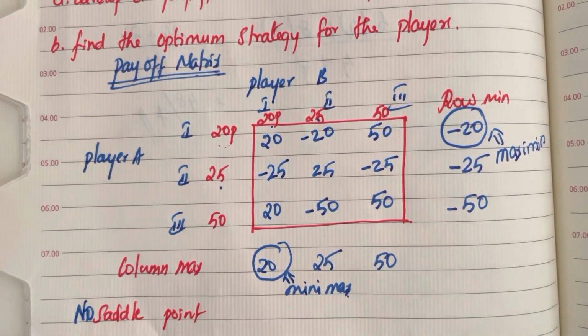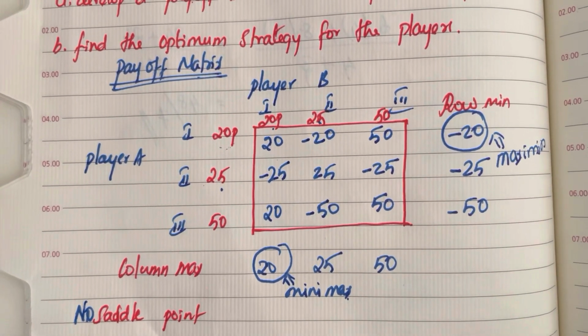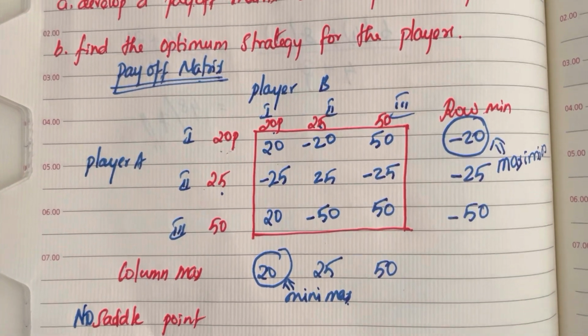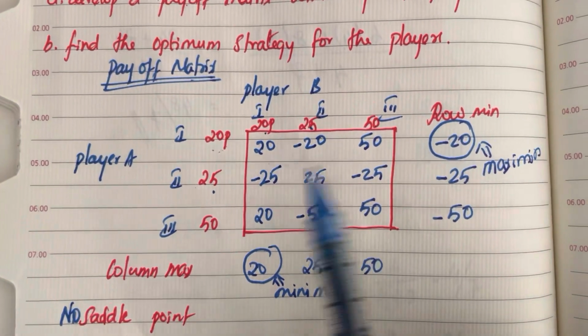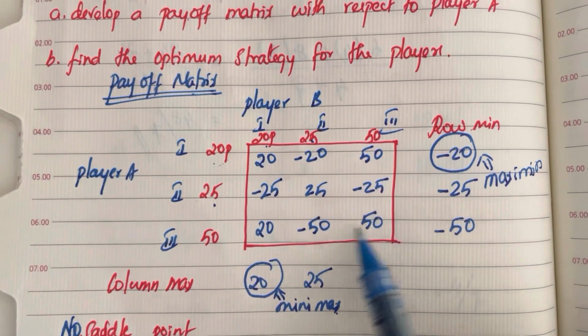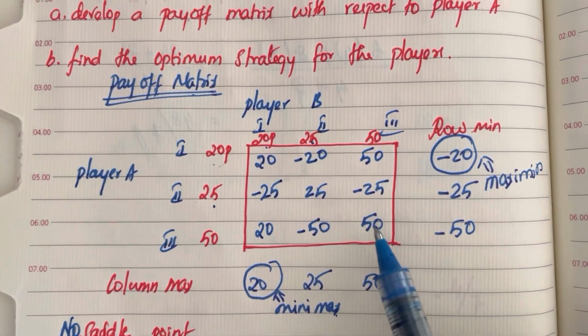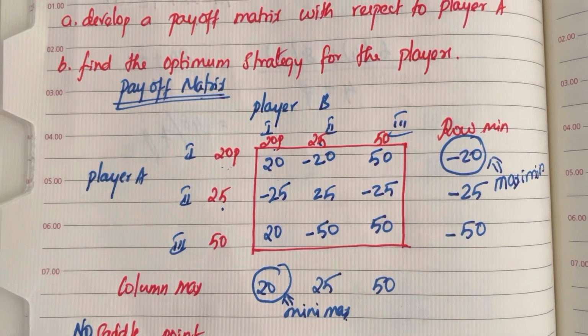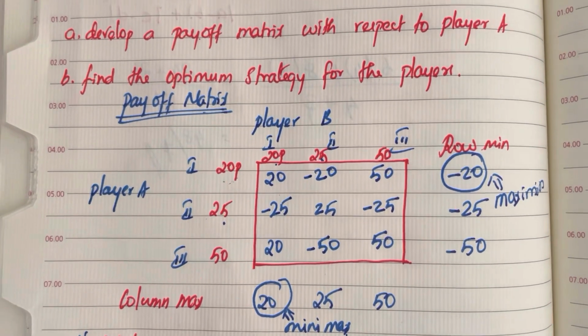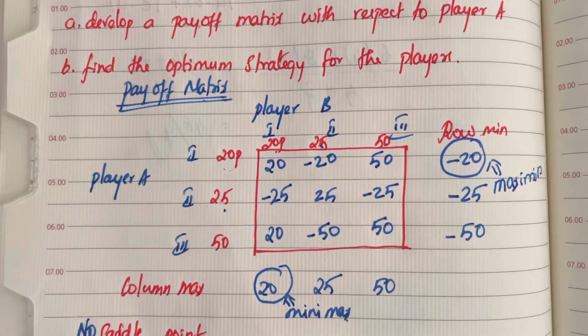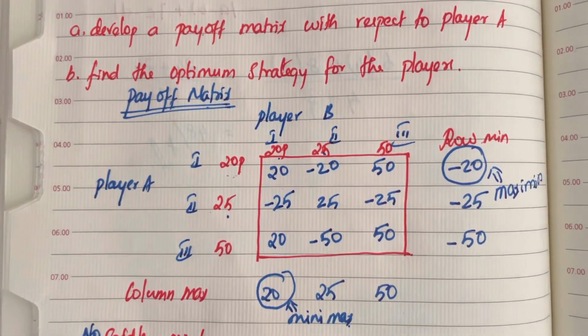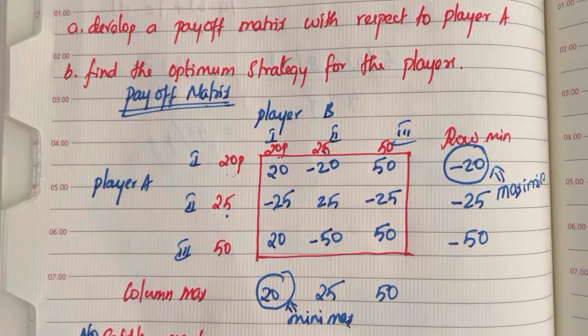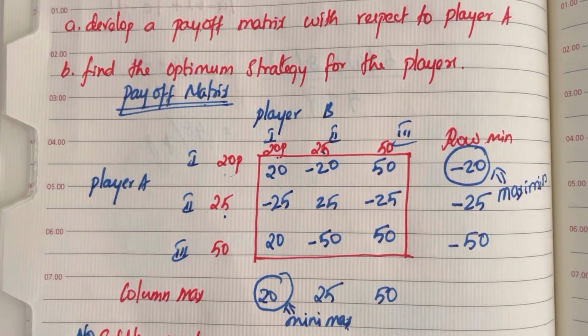If there is no saddle point, you have to solve it by using your mixed strategy. Okay, and for mixed strategy, we have 3 rows and 3 columns, but as I told you, you have to go with a 2 by 2 matrix, then only you can solve it. So how we are going to reduce the 3 by 3 matrix into a 2 by 2 matrix is what we will do with the dominance property.